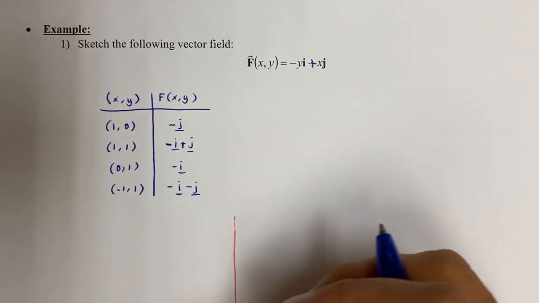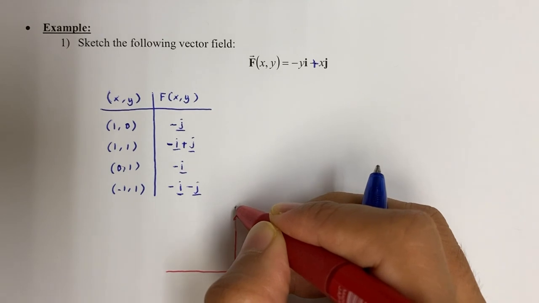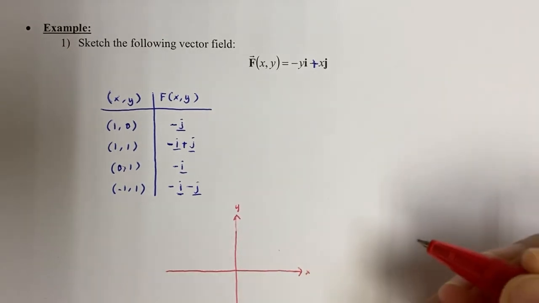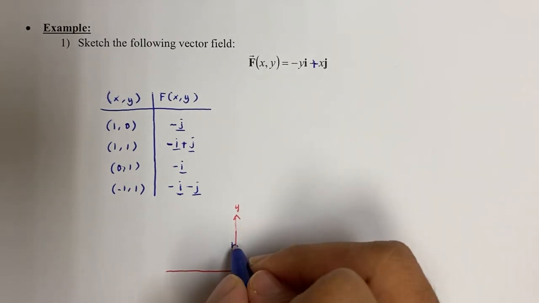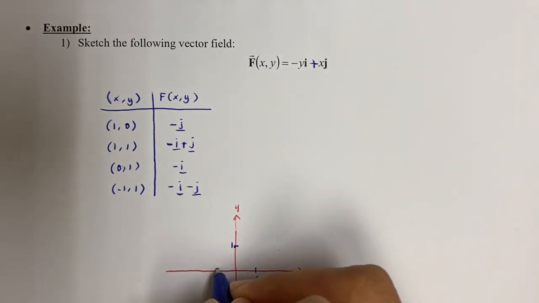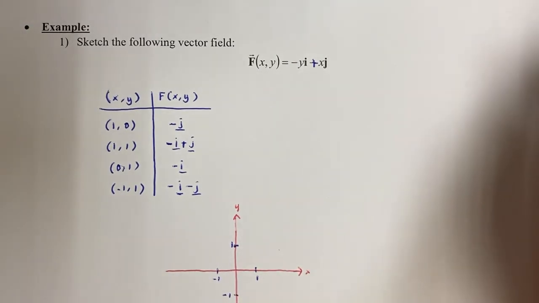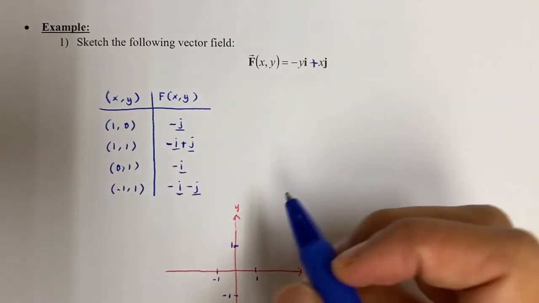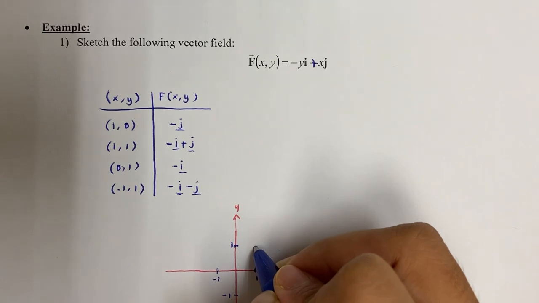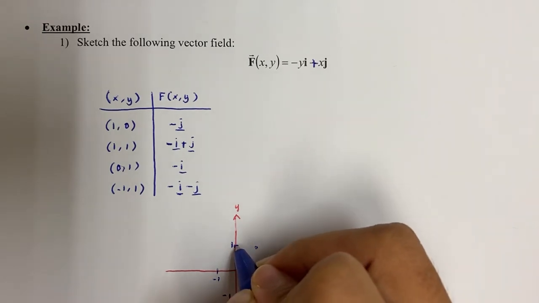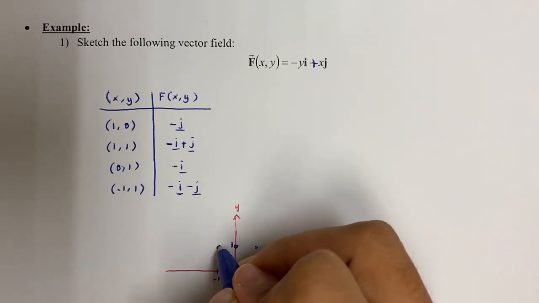Okay, so for this one, if we have the x and y axes, we have positive 1, y equal to 1, x equal to 1, x equal to minus 1, and y equal to minus 1 over here. So we have point (1, 0), this is (1, 0), then (1, 1) is here, (0, 1) is this point, and then (minus 1, 1) is here.